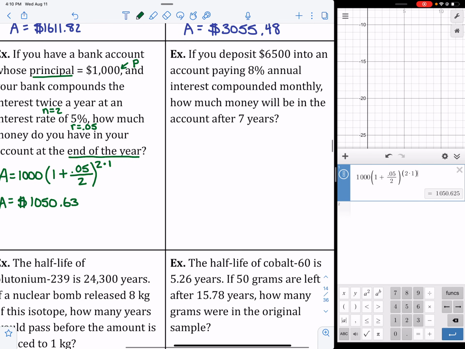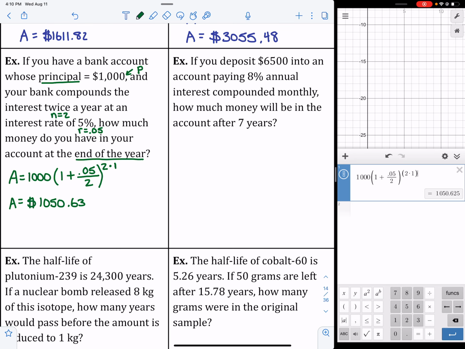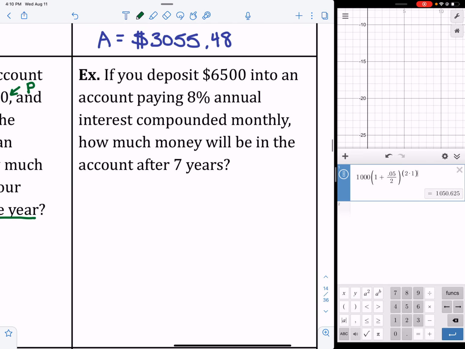And let's look at another example of this one. If you deposit $6,500 into an account paying 8% annual interest compounded monthly, how much money will be in the account after 7 years? So time would be 7. Our rate would be 0.08. 6,500 is our initial amount, so that's going to be our P. And monthly means that the number of times a year is 12, because there's 12 months in a year. And then we're still looking for the final amount.